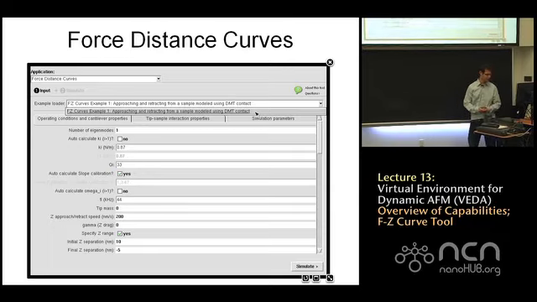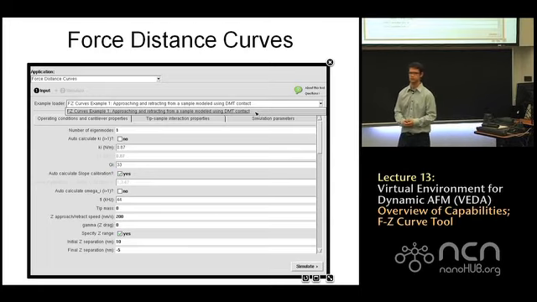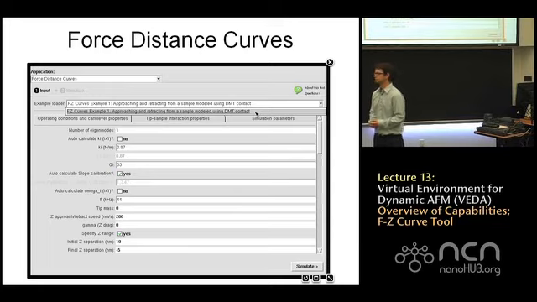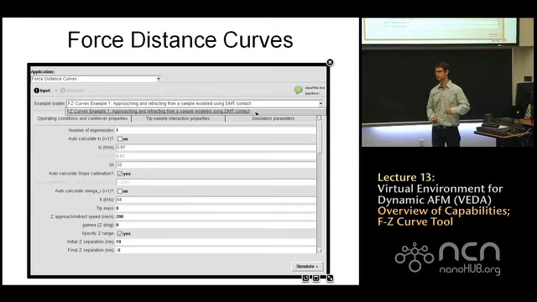On the force distance curves tool, there are going to be more inputs now because we're actually going to be doing a simulation. So we have inputs regarding the operating conditions and the properties of the cantilever. The most relevant one here is the stiffness of the cantilever, but there are several other operating conditions, for instance the natural frequency and the quality factor, which describes how damped the cantilever's motion is.